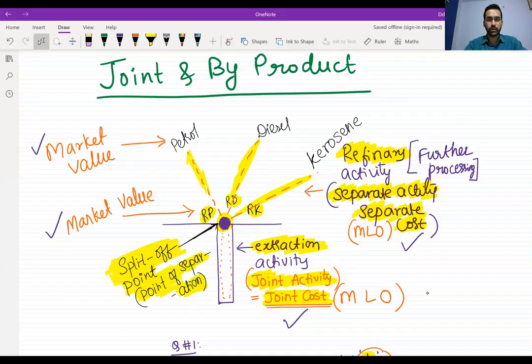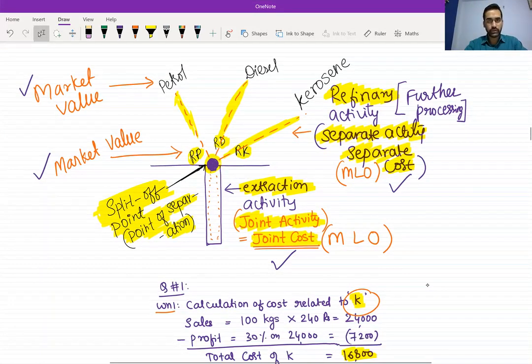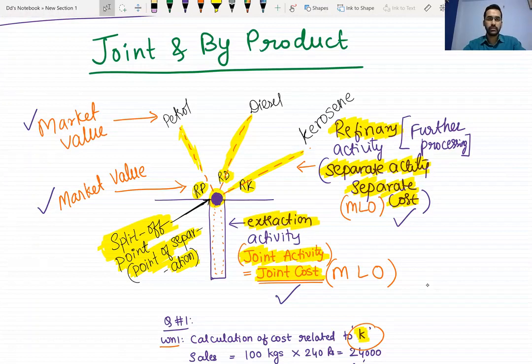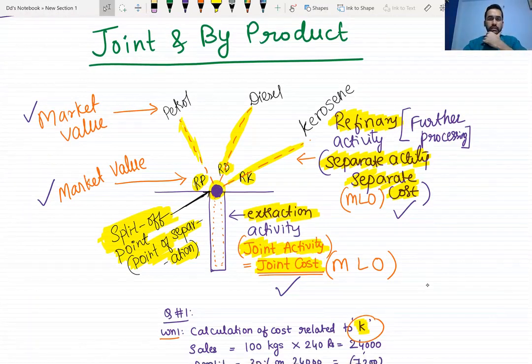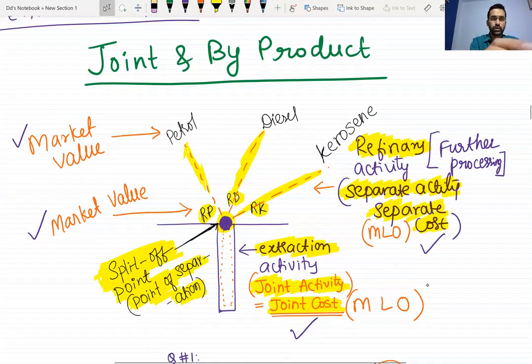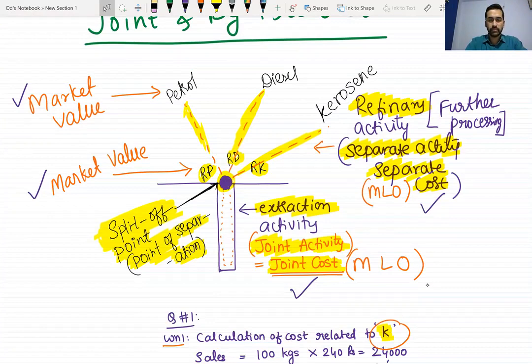I have prepared a small diagram for you to understand this joint product process properly. Yes. You first write the heading, joint and byproduct. After that, you need to focus on this diagram.